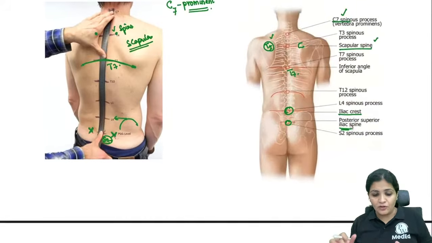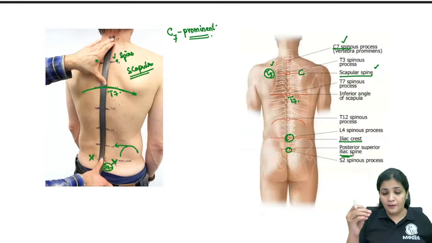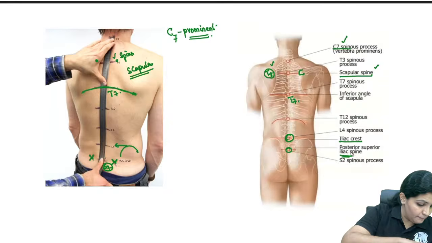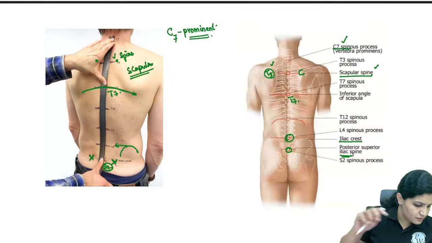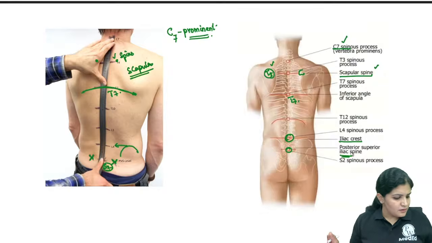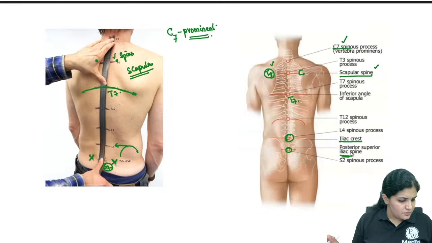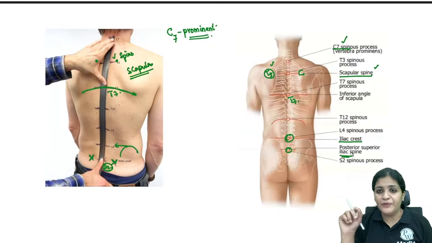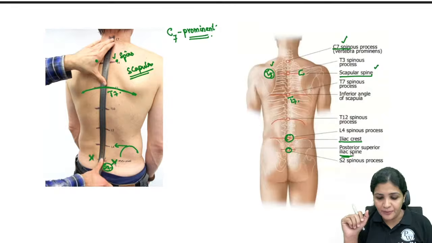These are certain anatomical landmarks which you can use to identify the levels of the vertebra.